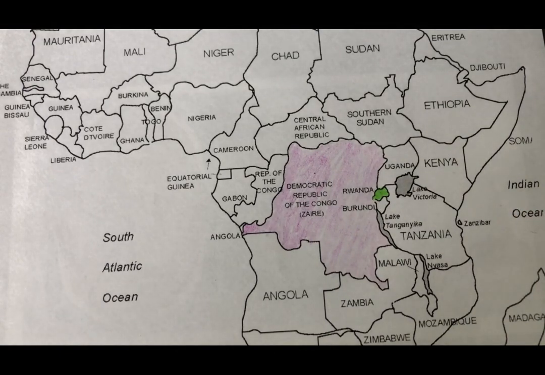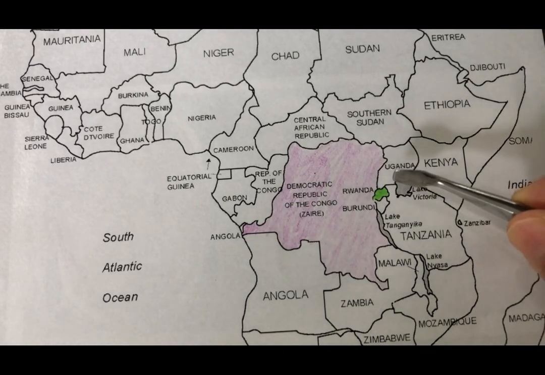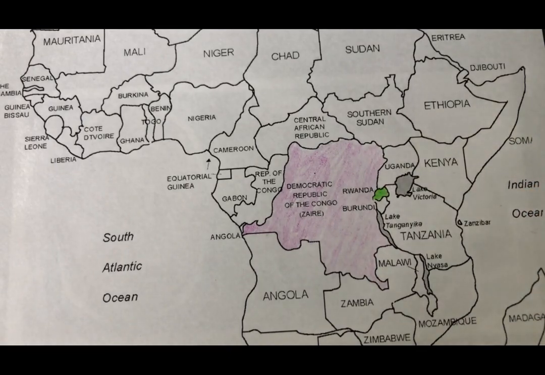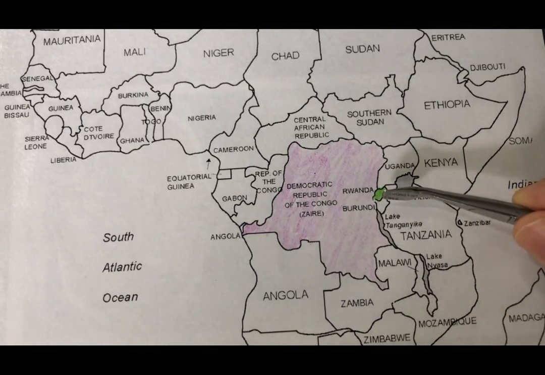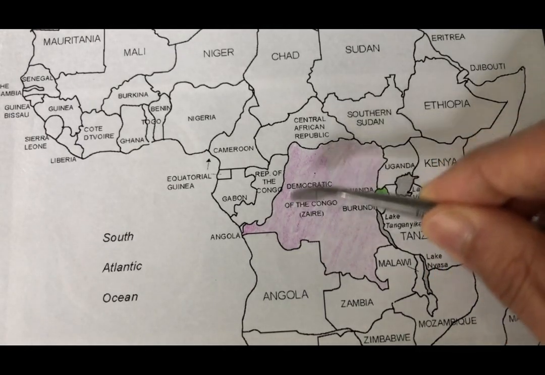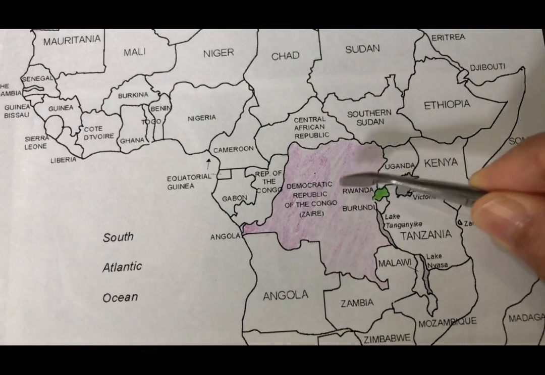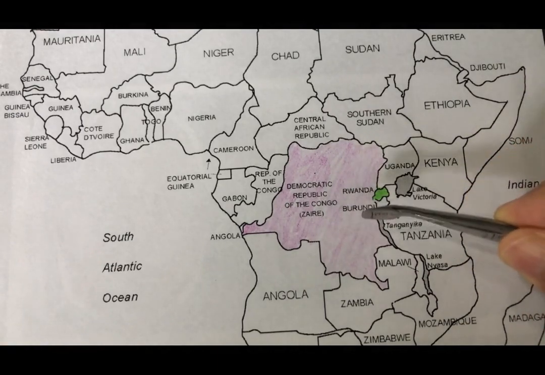So this eventually led to the First Congo War, where Tutsis regrouped and basically took control of Rwanda and drove the Hutus, who were the ones who did the genocide, out of Rwanda, and the Hutus who were supported by Mobutu took refuge in Congo.